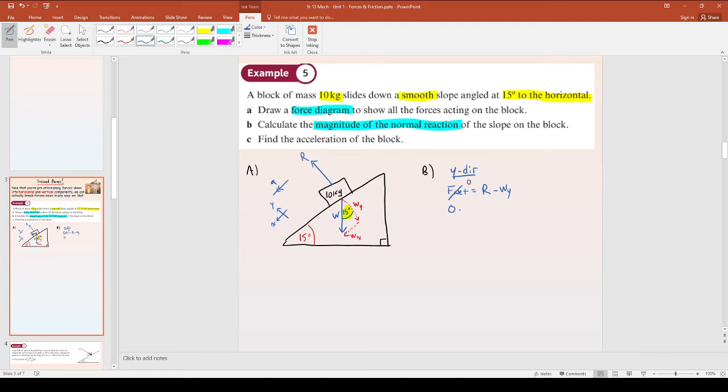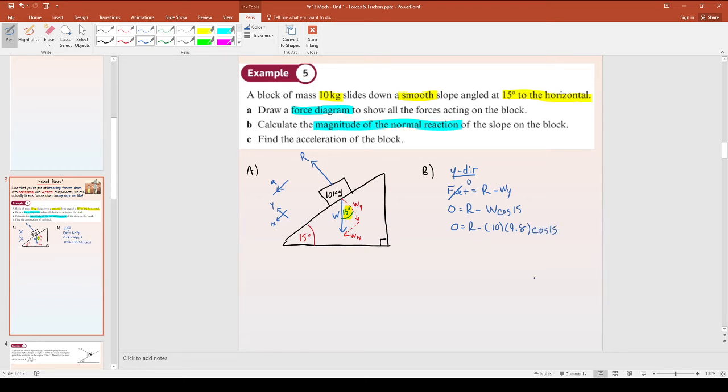So you're going to get 0 equals R take, and instead of WY it's cosine. Like, see, this is a right angle triangle too, and WY is cosine. So this is going to be W cos 15. Cool? W is mg though, so 0 equals R take mg, m is 10, g is 9.8, and that's cos 15.